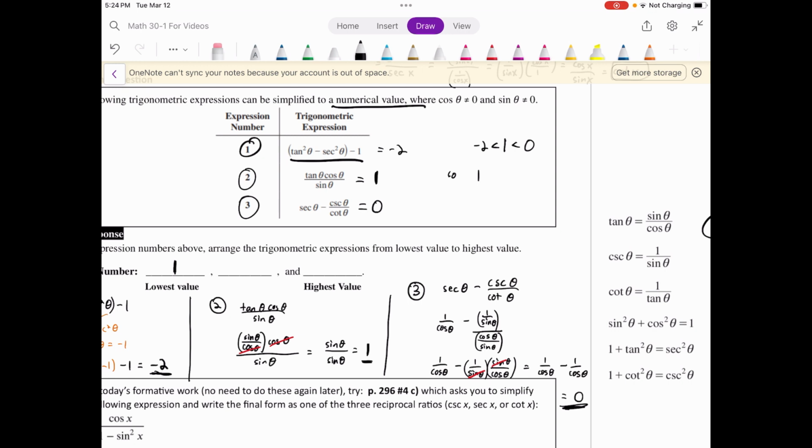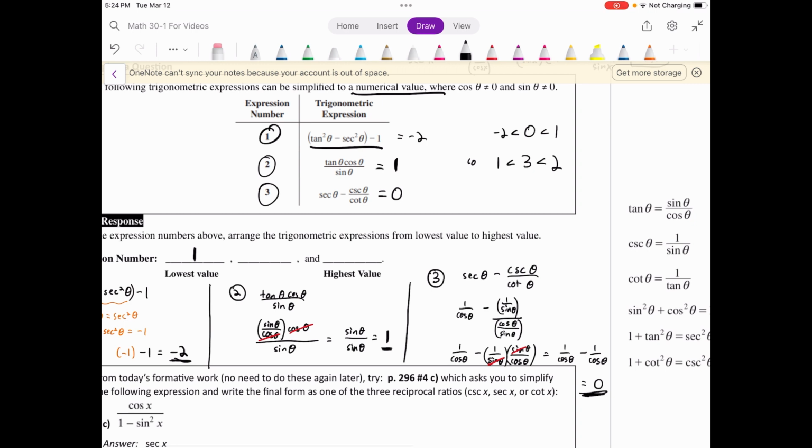Expression 1 is less than expression, whoa, I just said that totally wrong. You were probably like, huh? Sorry, -2 is less than 0, which is less than 1, of course, which means expression 1 is less than expression 3, which is less than expression 2, right? So our lowest value is 1, then 3, and the expression with the highest value is expression number 2, right?